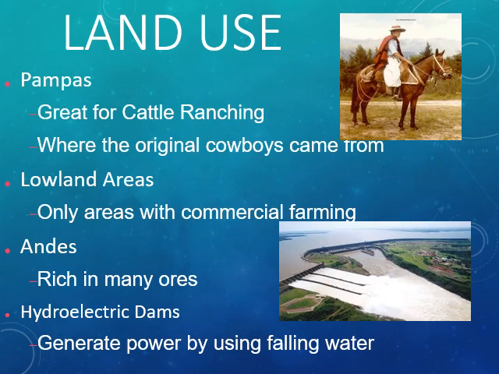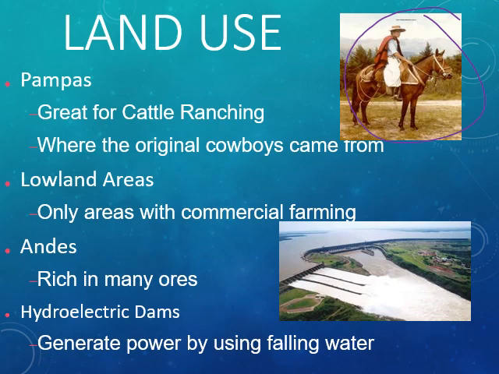But in the Pampas, remember, that big grassland, it's really good for cattle ranching because it's a big open grassland, a little bit too dry for things to grow all the time, and so it's better for having cows walk around eating grass, and then you sell or use the cows. This is where the original cowboys came from, and these are gauchos, and this is a picture of a gaucho. And a lot of the ideas that our cowboys in America had came from here.